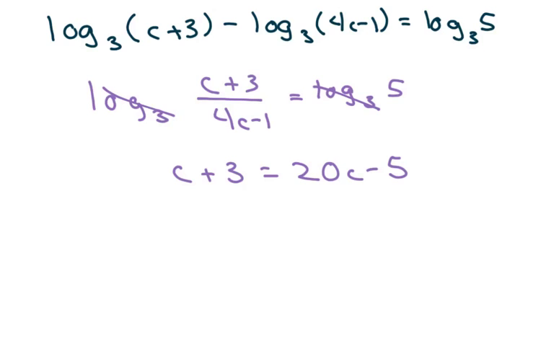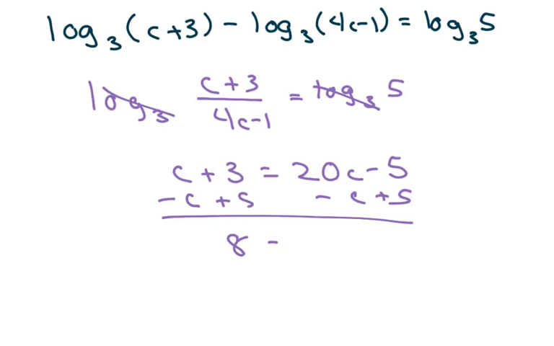So basically, I'll subtract c and add 5. And we get 8 equals 19c. So c equals 8 over 19. If I plug this in, you can just take a cursory glance, and it does work. And so that is my solution.